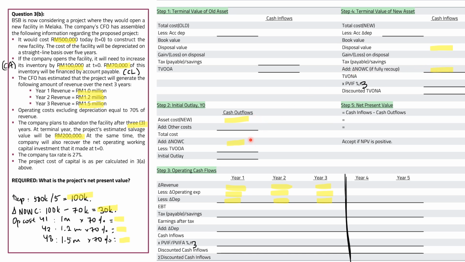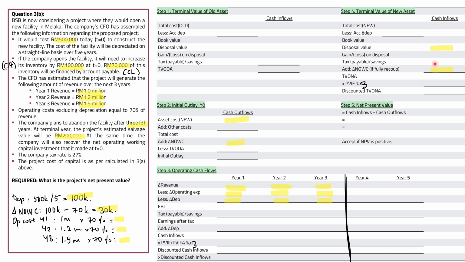So let me explain what I think about this net working capital, okay? Let's say right now, I have to expand working capital of 30,000. So it is worth 30,000 at its present value. However, this project is lasting for 3 years.